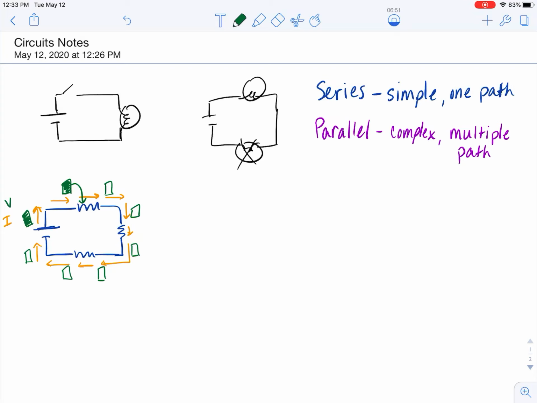And so as a result of that, the amount of voltage available is going to drop or decrease, right? It's going to lose some of that voltage because that energy is being used up by our device. So as our electrons pour that energy into this first device, their cup is no longer completely full. How much voltage they lose will depend on the device itself, but they will lose some of that voltage.